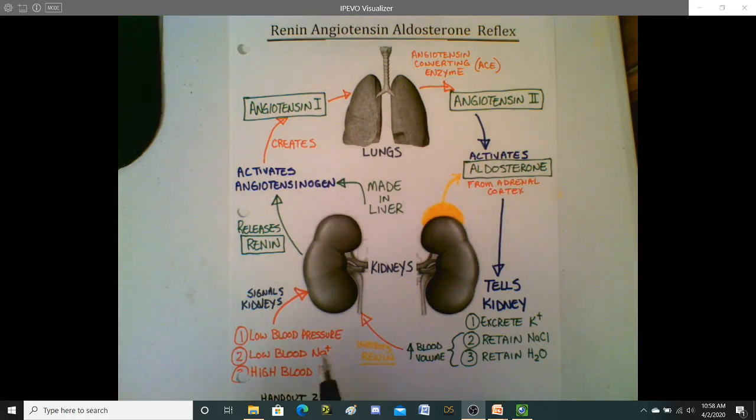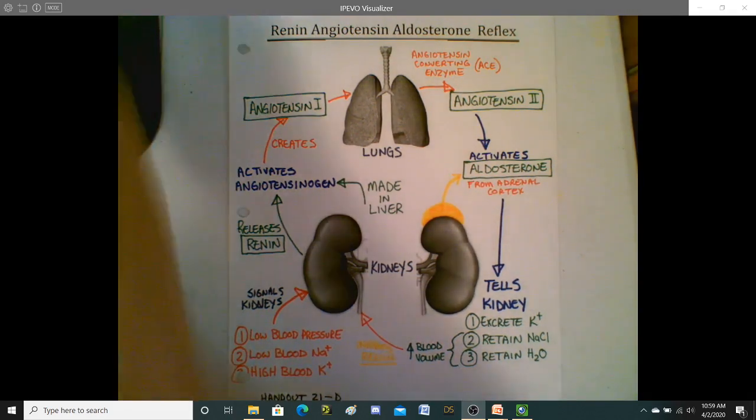So make sure that you know this handout. It will certainly be on our exam. And it's a way for me to introduce to you 4 new hormones. Make sure that you know all 3 processes, not just the blood volume, but be able to give me an example with potassium as well.